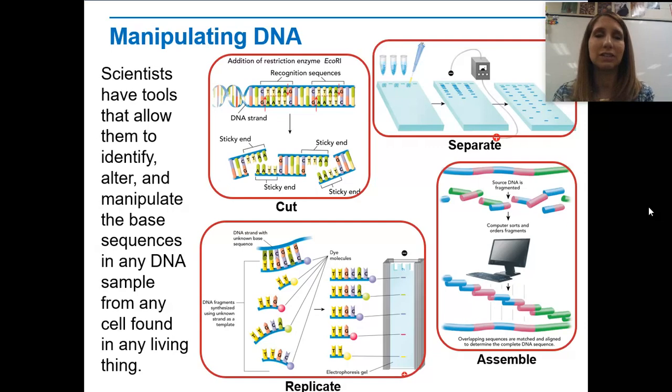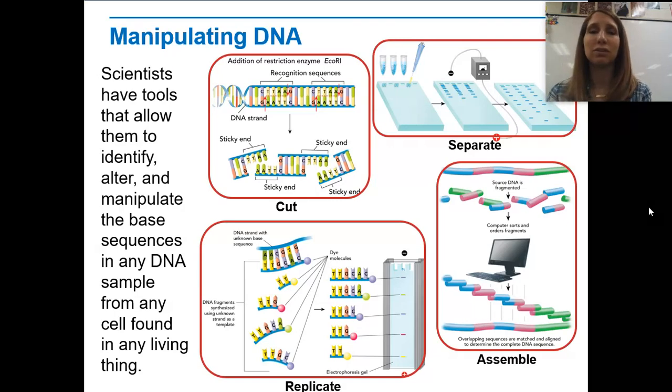Scientists use several different types of processes and procedures to identify what genes do, to identify the sequence of a gene, to alter genetic information in a way that's meaningful, maybe to knock out a gene to see how that impacts potentially a disorder, to manipulate base sequences in a way that may mimic a mutation or assess the impact of that on a protein.